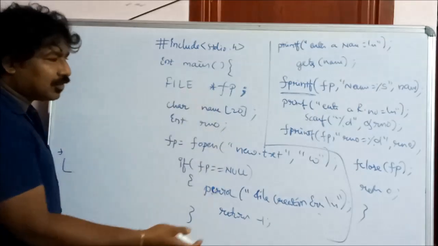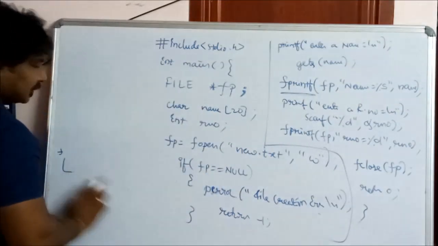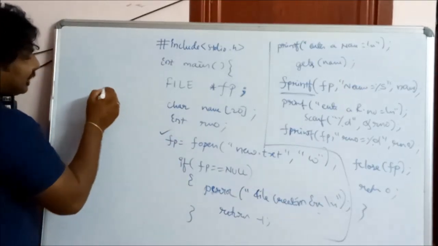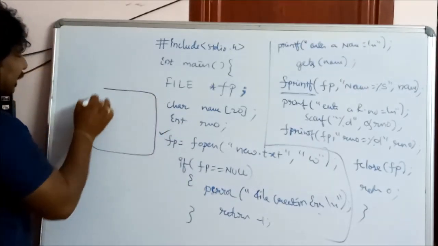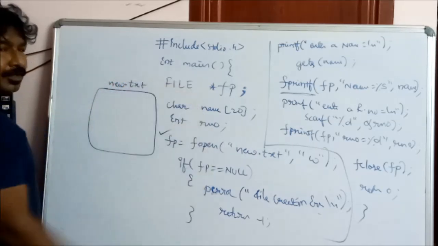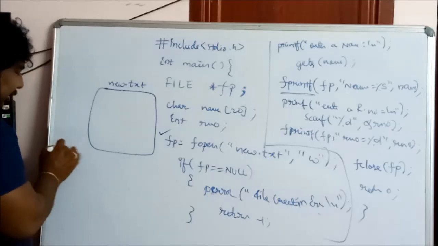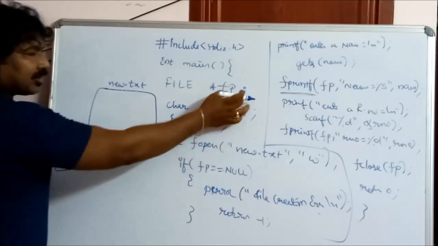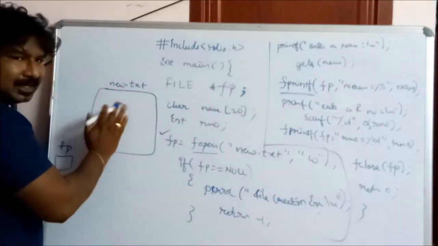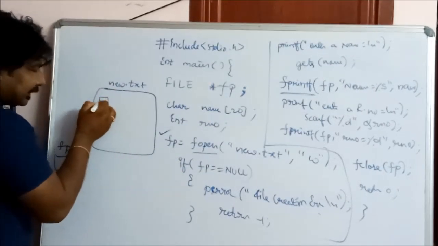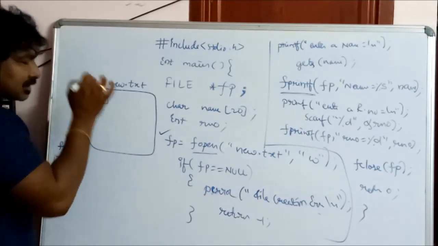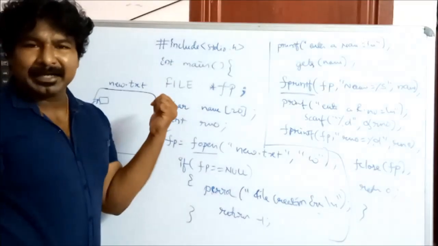Okay, so what happens when you execute this particular program? A new file will be opened here like this. Its name is new.txt, and there is a file pointer fp because you have created a file pointer. This fopen function will open this file and send the starting byte address to this fp. That means fp will point to the starting byte of your file.